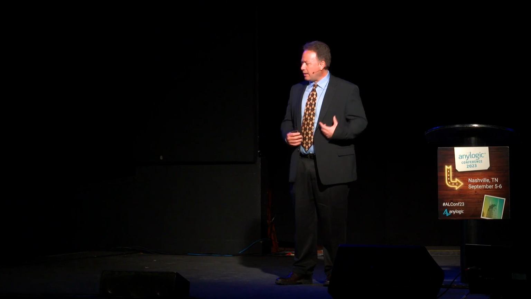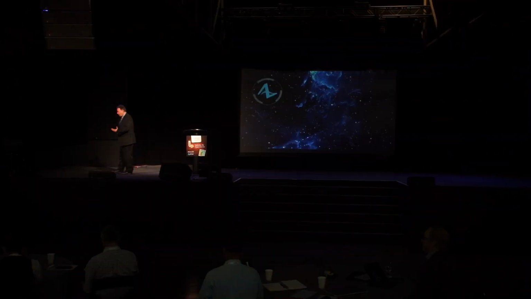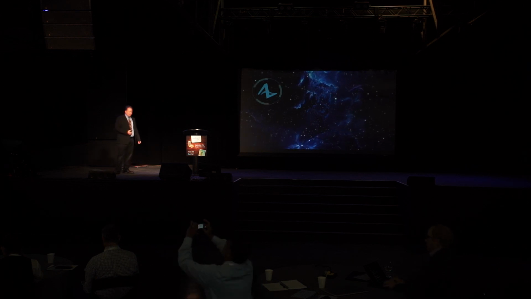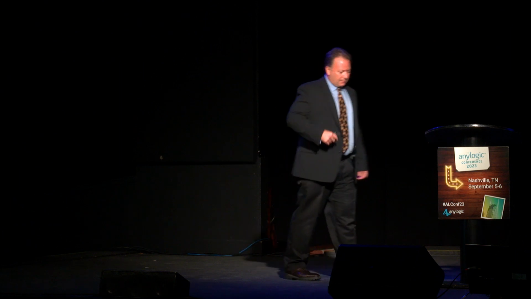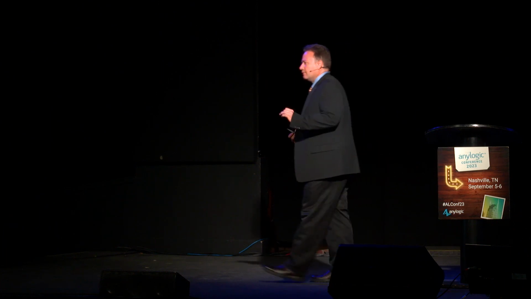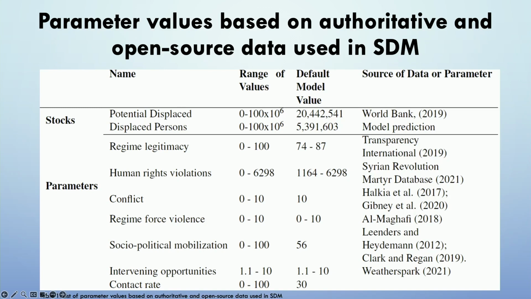So for a proxy of that, I used weather to see how that could influence the displacement of persons. And to bring in a reinforcing or a balancing effect, the contact rate. You can think of this as your word of mouth in a traditional system dynamics model. So these are the different data sets.